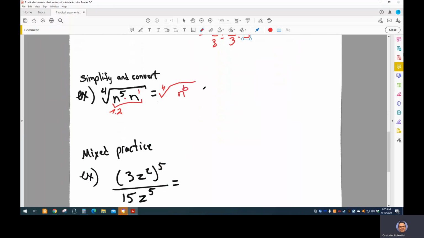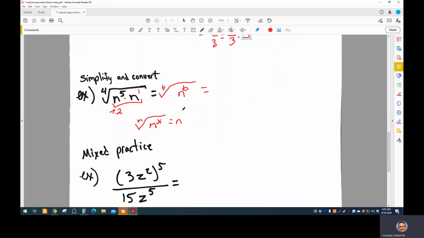And now they want us to convert that. So remember our conversion, okay? If we have to convert this, this n tells us, again, bad use of variables.